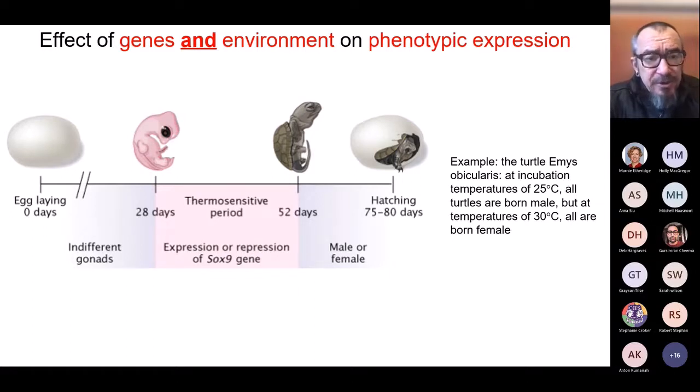In this case, between 28 and 52 days, the temperature at which the eggs are kept influences the expression of what's referred to as the SOX9 gene and dictates whether the offspring born will be male or female, where 25 degrees results in all male, and temperatures of 30 degrees are all born female. So the warmer temperatures produce females, and I'd envisage that if it's somewhere between or fluctuating, you're going to get a mix of male and female.